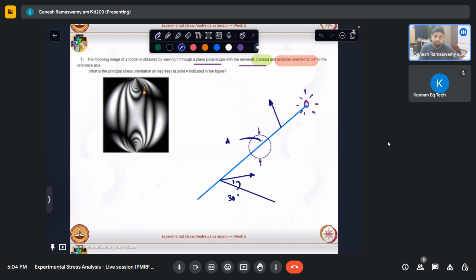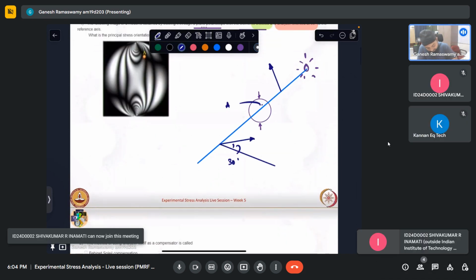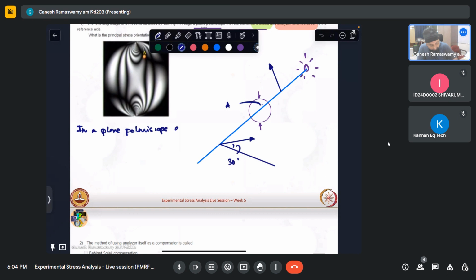And in a plane polariscope, we are aware that we will be seeing both isochromatics and isoclinics. This is sigma 1 minus sigma 2 equal to some constant contour.